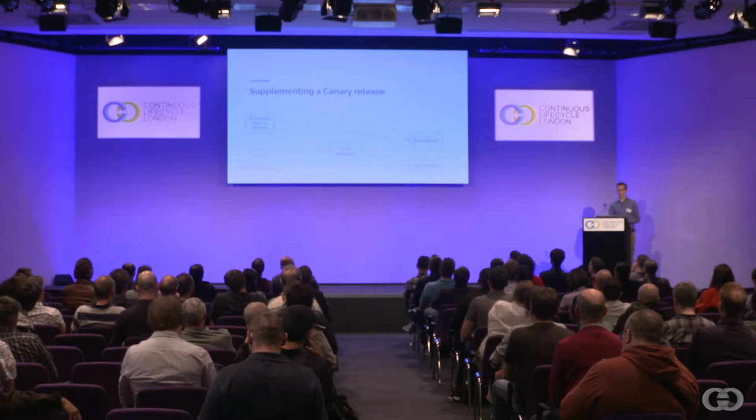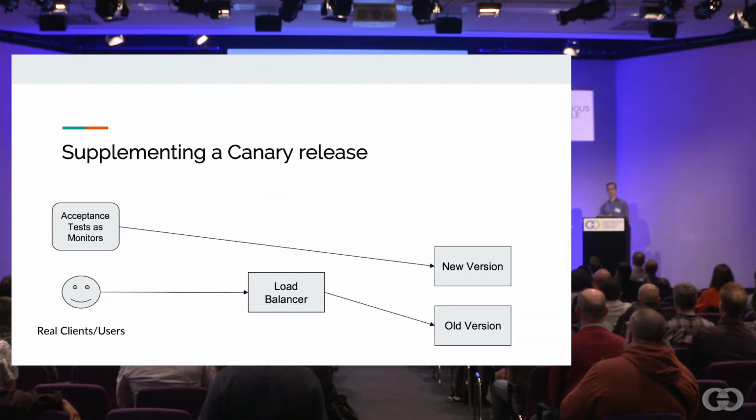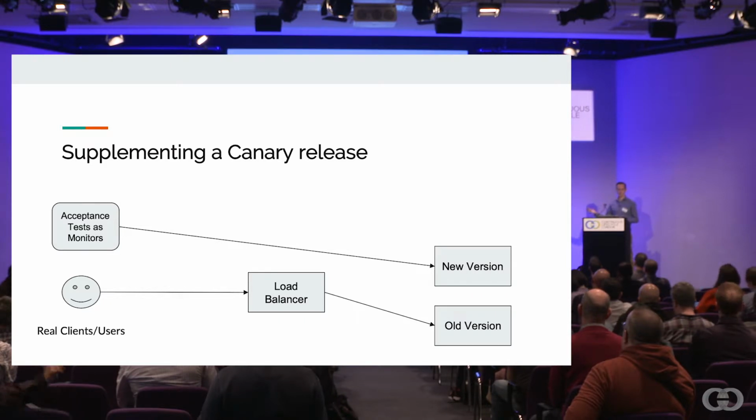Another benefit as well is supplementing a Canary release. I'm assuming that most people know what a Canary release is, but does anyone want to put up their hand if they don't? Okay, so Canary release, you deploy your new version, but it's hidden. No one's using it. And then very gradually, you start adjusting the load balancer to put a small percentage of the live user traffic onto that new version.